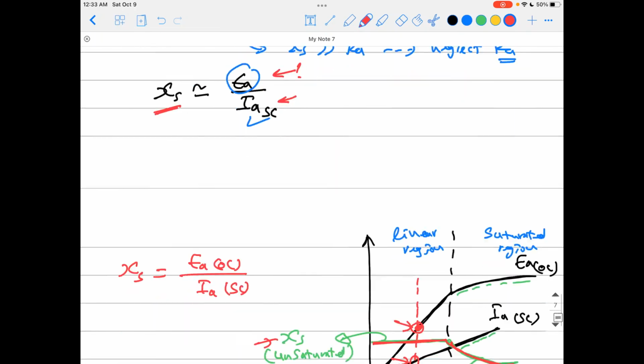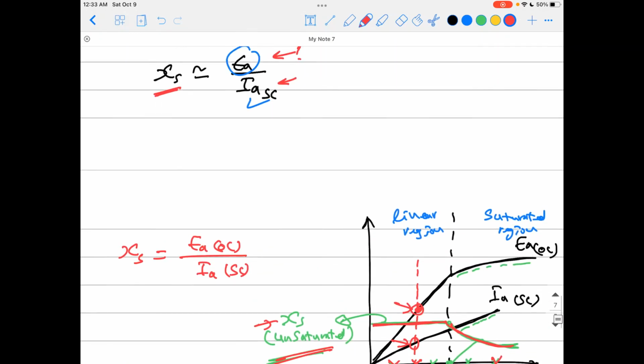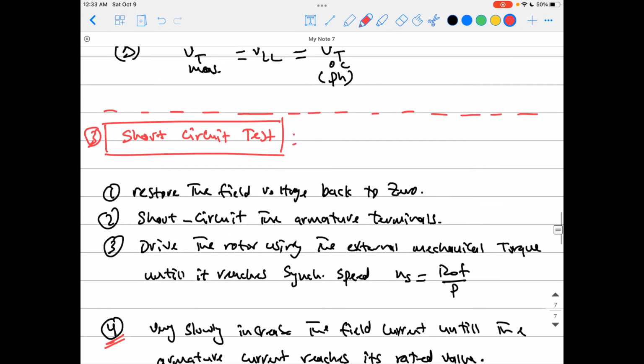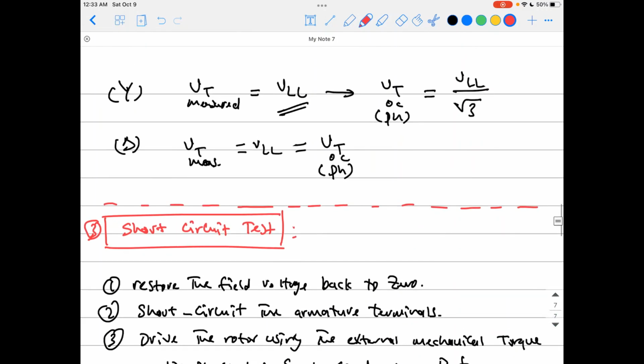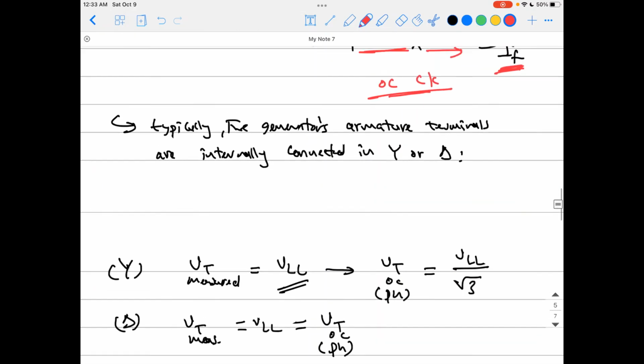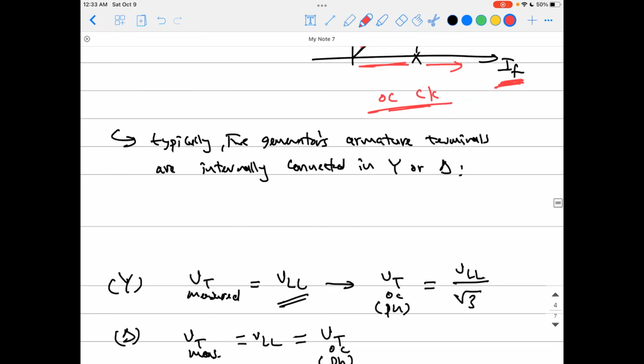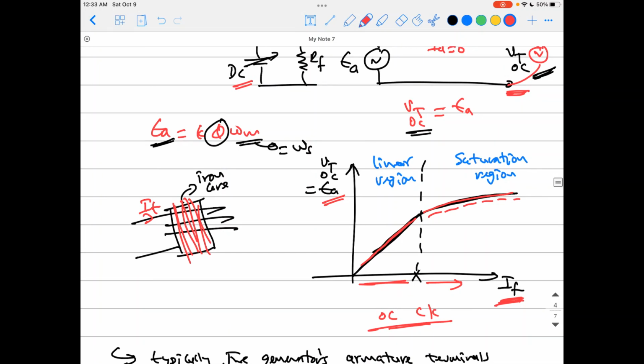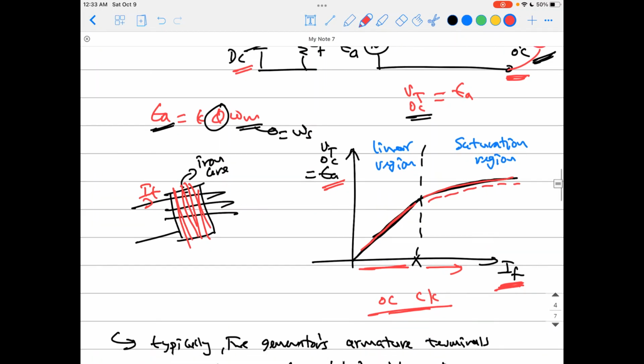So what we did today, as a wrap up, is we performed the testing of the synchronous generator. You have three tests: the DC test, short circuit test, and open circuit test. The DC test is used to find the armature resistance, RA, and the open circuit and short circuit tests are used to find the open circuit characteristics and short circuit characteristics, which can be used to find XS. They can also be used directly. The open circuit characteristics will be used all the time to find the relationship between IF and E, like we did before with the DC machine.